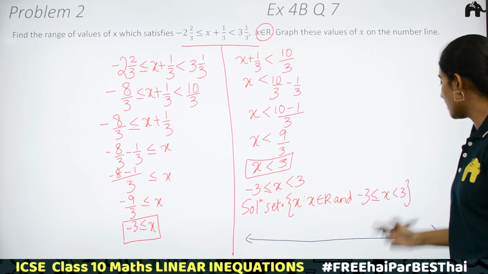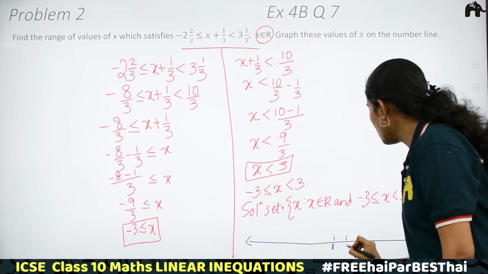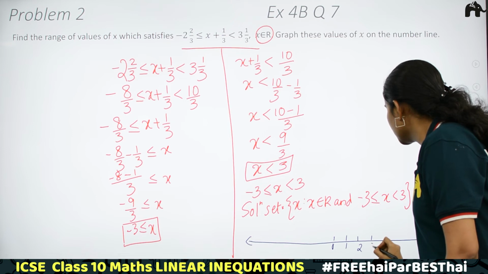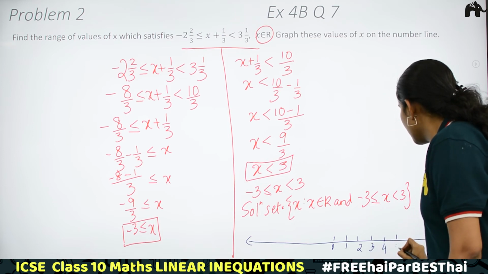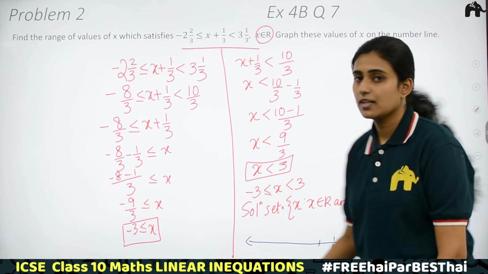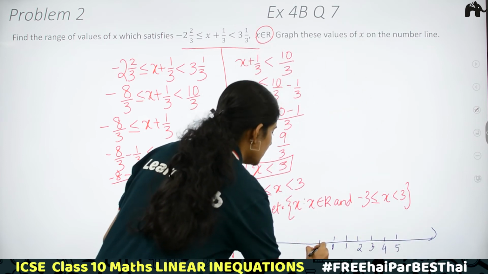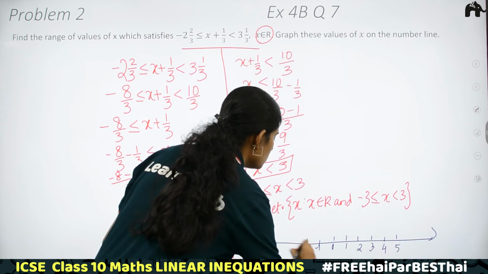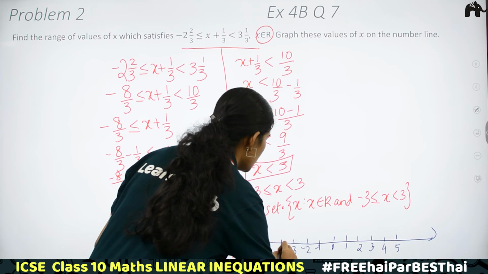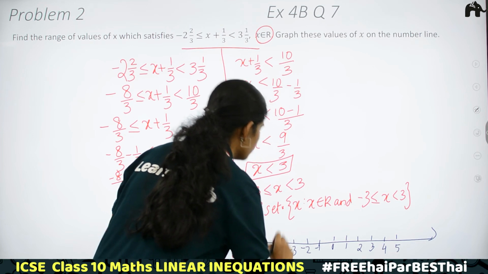Here we have put the values 0, 1, 2, 3, 4, 5, minus 1, minus 2, minus 3, minus 4, minus 5.